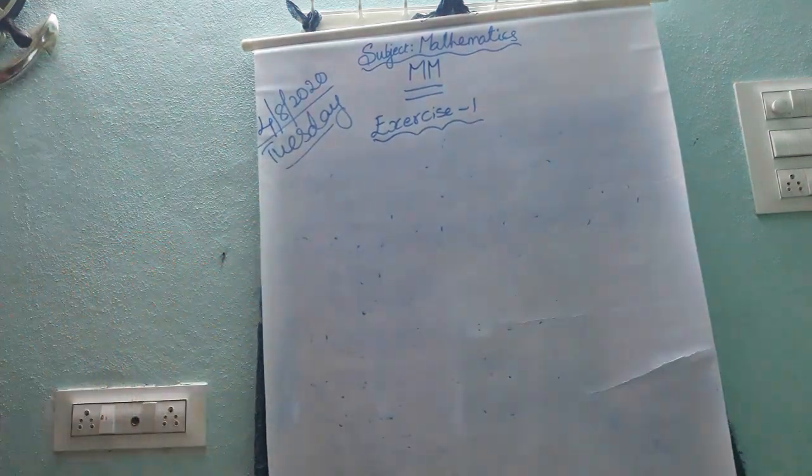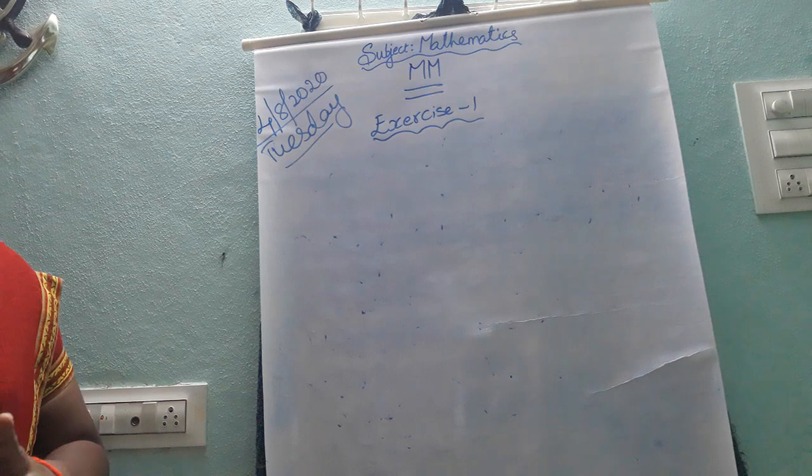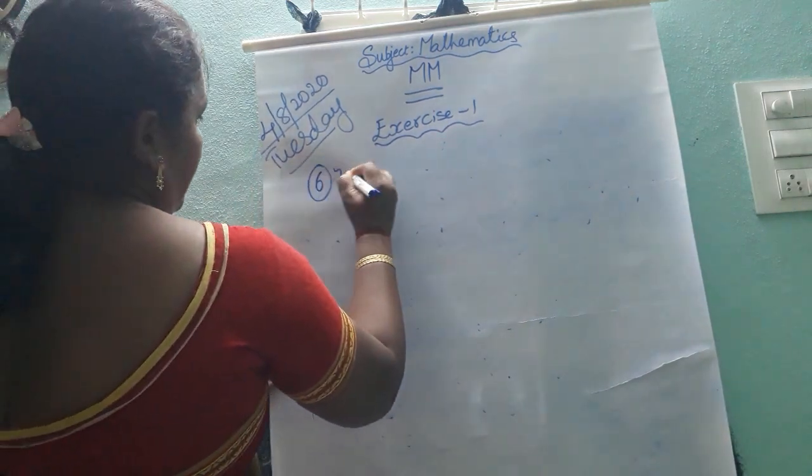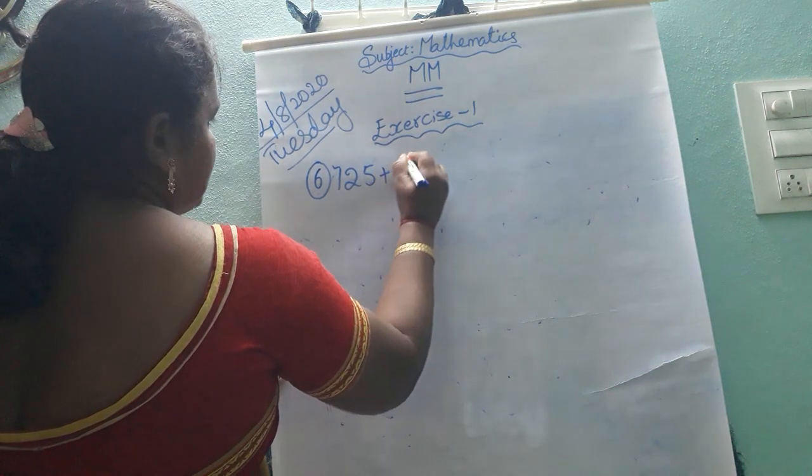Okay, children, look at that. 725, sixth one. 725 plus blank.